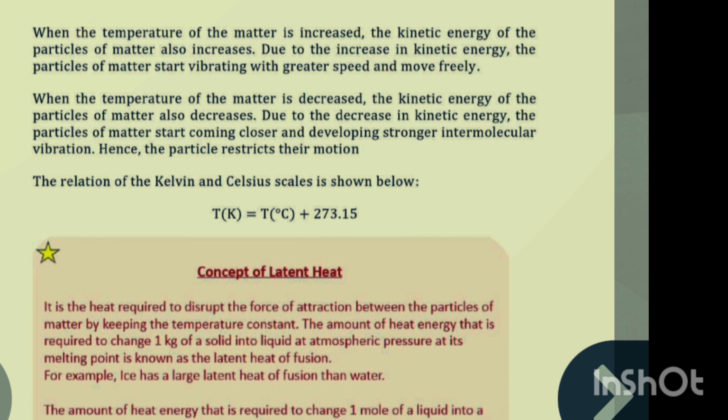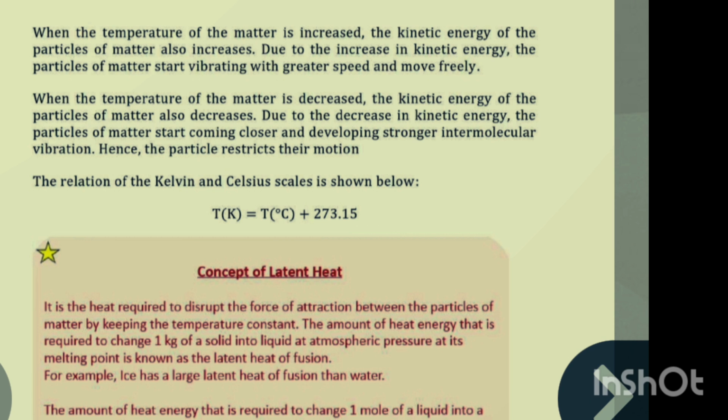Next we have the concept of latent heat. It is the heat required to overcome the force of attraction between the particles of matter while keeping the temperature constant. The amount of heat energy required to change 1 kg of solid into liquid at atmospheric pressure at its melting point is known as the latent heat of fusion.